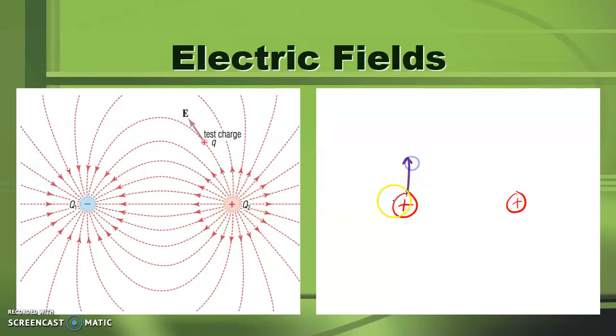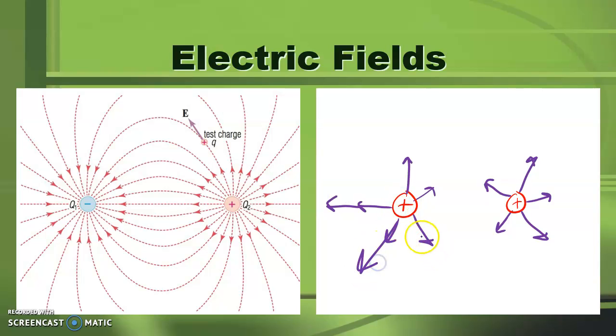So arrow away, arrow away, arrow away, arrow away, arrow away. And this guy has arrows away. Now, these arrows want to go away from positive charges. So this guy can easily go this way as far as he wants, and this guy can go as far as he wants this way. And same thing with this.